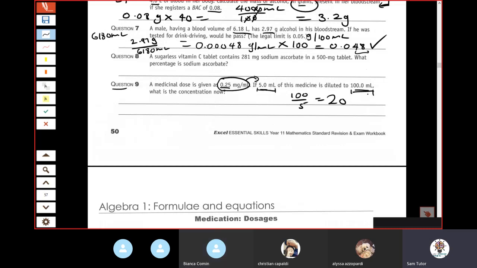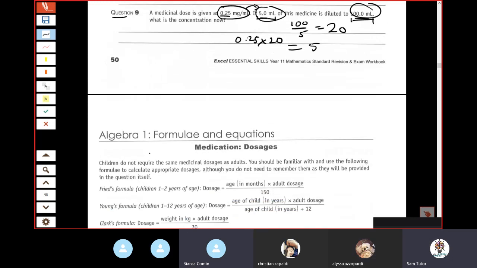Now it's been diluted, so your concentration level has gone up by 0.25 times 20. 20 times 0.25. Yes, 5. Thank you. Okay. So Panadol for kids, Panadol for adults. That's the way that works.